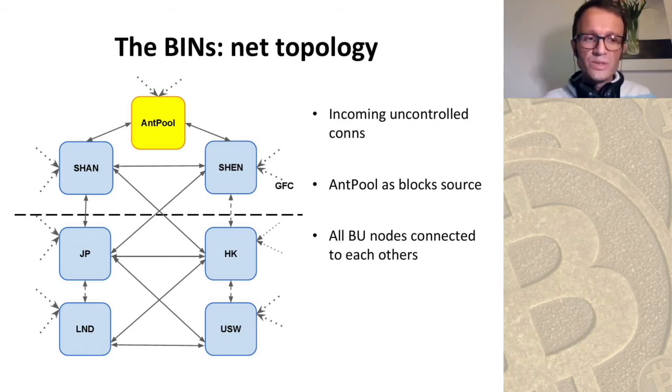So everyone that wants to connect to our node is able to do it, as long as our node can keep the pace. We have used the mempool as block source for newly minted blocks, and of course all BU nodes were connected to each other rather than segmented like we did in the first version of the topology.